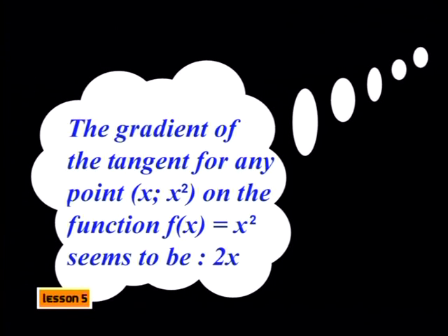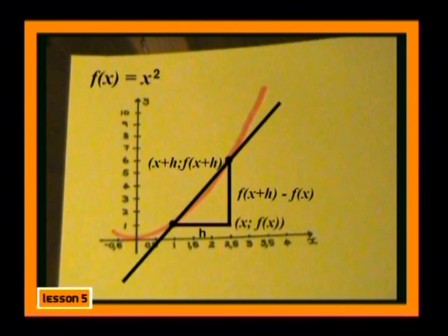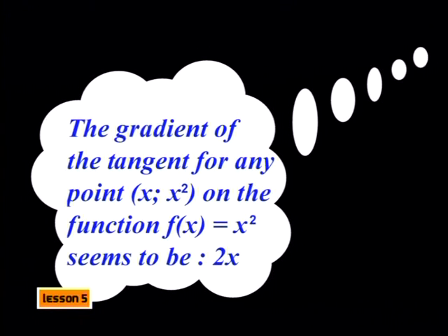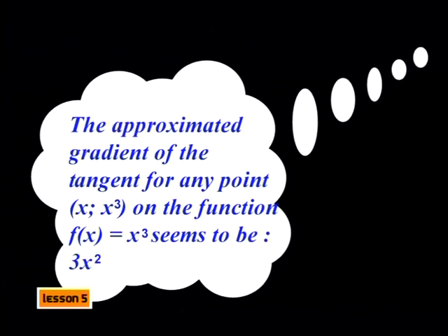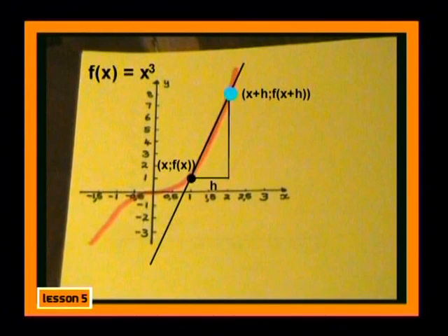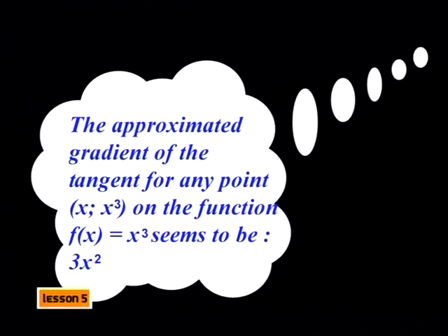In the case of the parabola, f of x equals x squared, the gradient at any point x, f of x is 2x, and the gradient at any point on f of x equals x cubed is 3 times x squared.